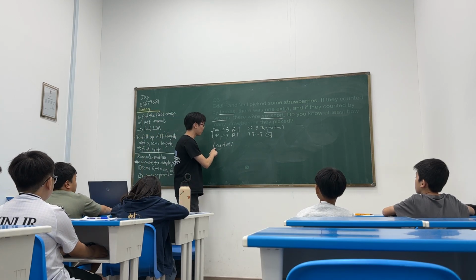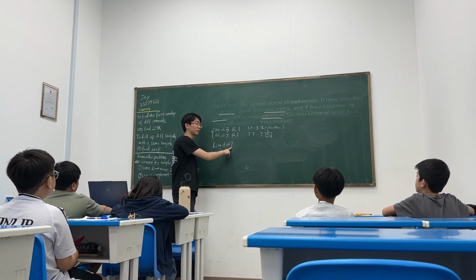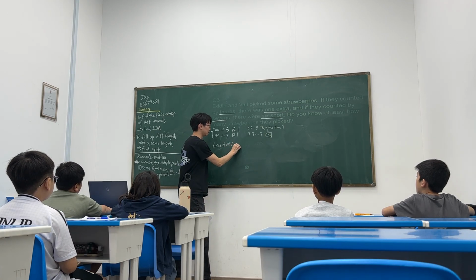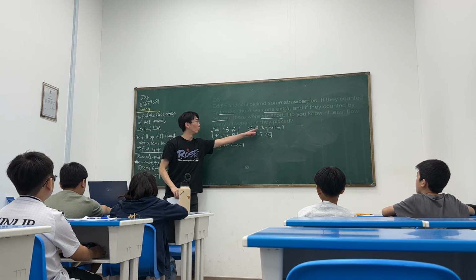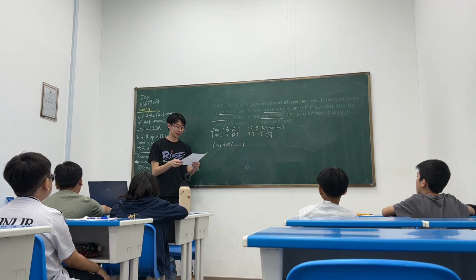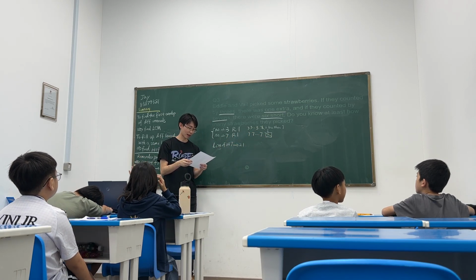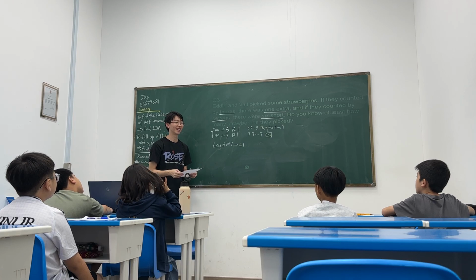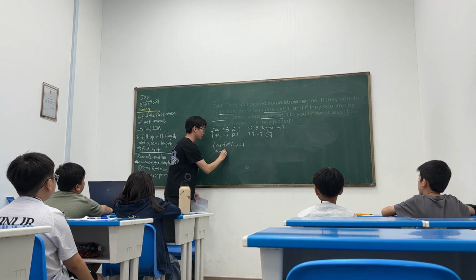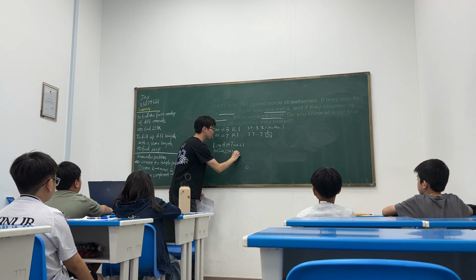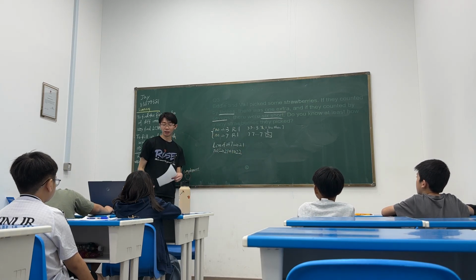To find the least common multiple of 3 and 7, I'll just skip these steps. This value is 21. So this number, after minusing 1, gives us 21. What is this number? 22, perfect. So this number is 21 plus 1 equals 22.